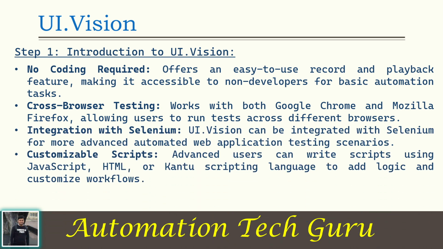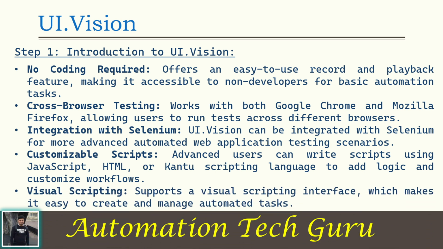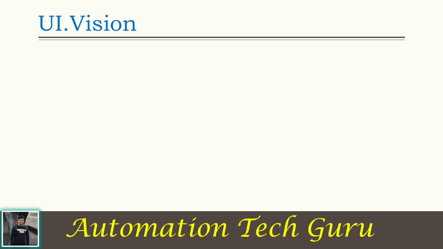Integration with Selenium: UI.Vision can be integrated with Selenium for more advanced automated web application testing scenarios. Customizable scripts: advanced users can write scripts using JavaScript, HTML, and the Kantu scripting language to add logic and customize workflows. Visual scripting: it supports a visual scripting interface which makes it easy to create and manage automated tasks.